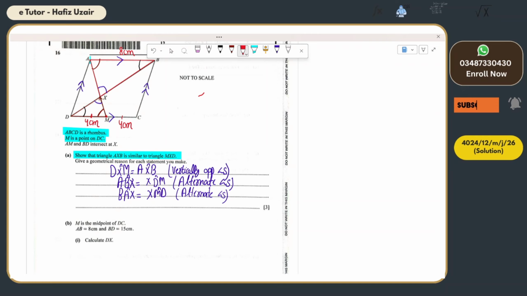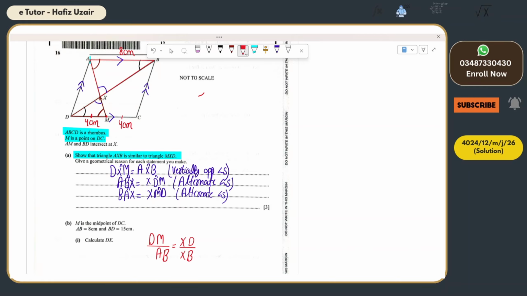So we can write that DM over AB is equal to, similarly we can see that XD over XB is also the same.